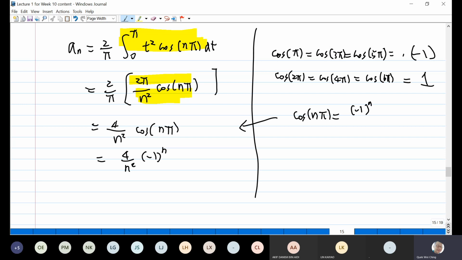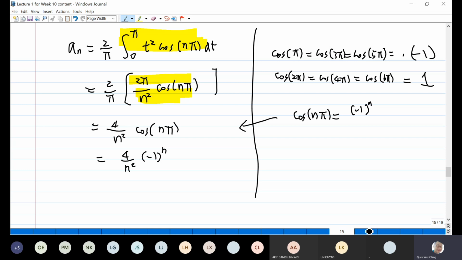I'm going to end soon, just to make sure that I have finished this example. So let me write down the formula for the Fourier series.